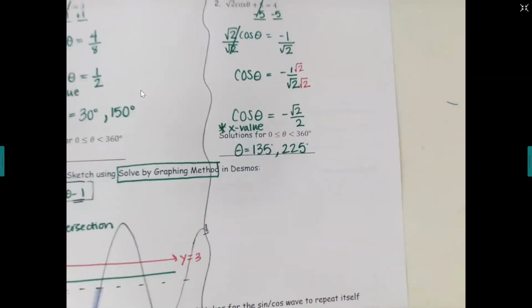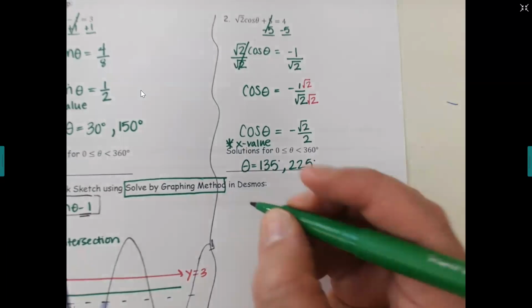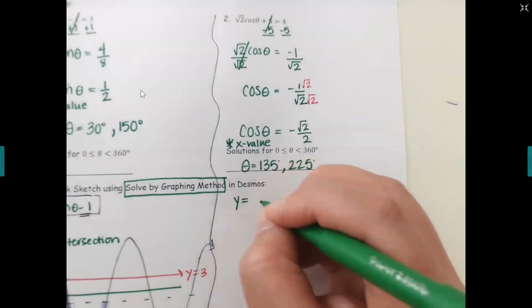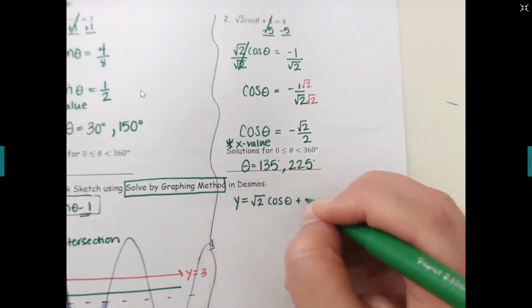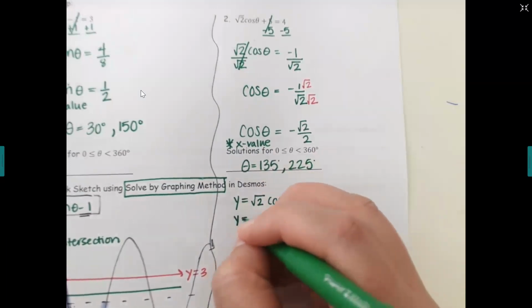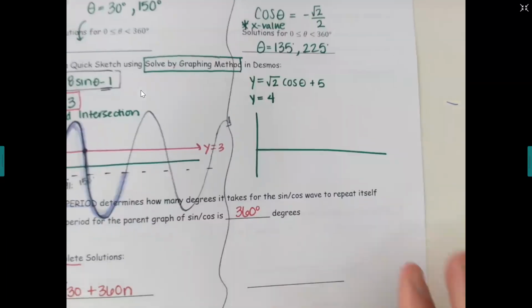Okay, then we're gonna do a quick sketch of what a cosine graph looks like, just to make sure that you remember. So take your original equation and cut it in half. We're gonna have y equals √2 cosine theta plus 5, and we're gonna have y equals 4.